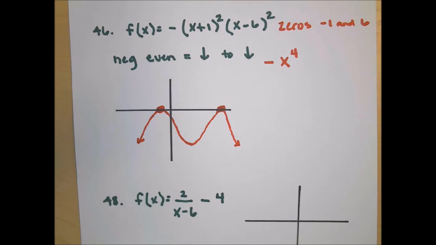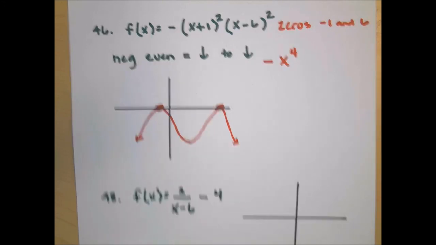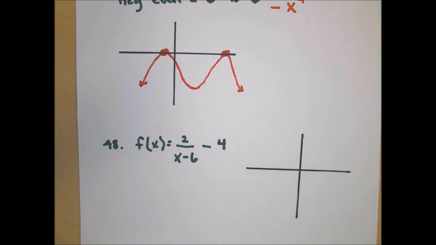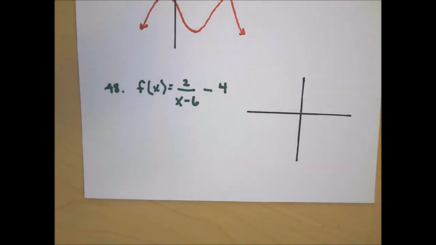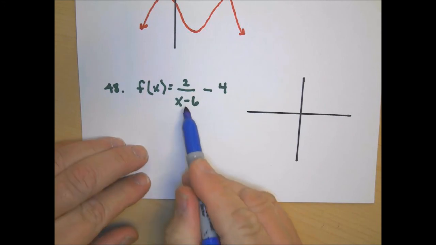Okay, problem number 48 is another sketch problem. Sketch that rational expression function. Well, the first thing we're going to need is asymptotes on this one. So one of my asymptotes gets shifted 6 to the right.